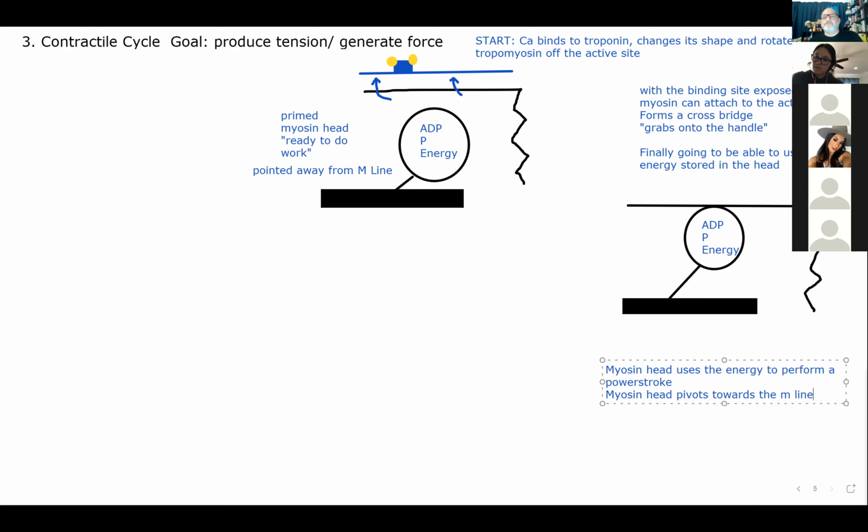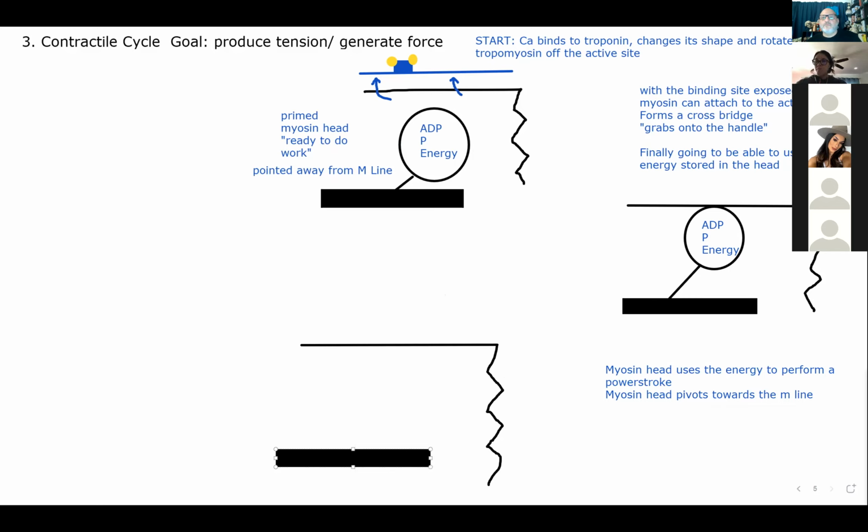So let's draw this. Our myosin head has pivoted towards the M line.